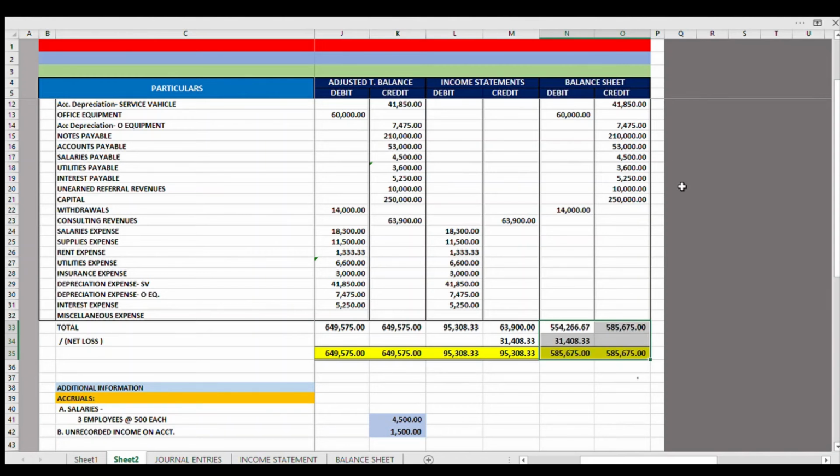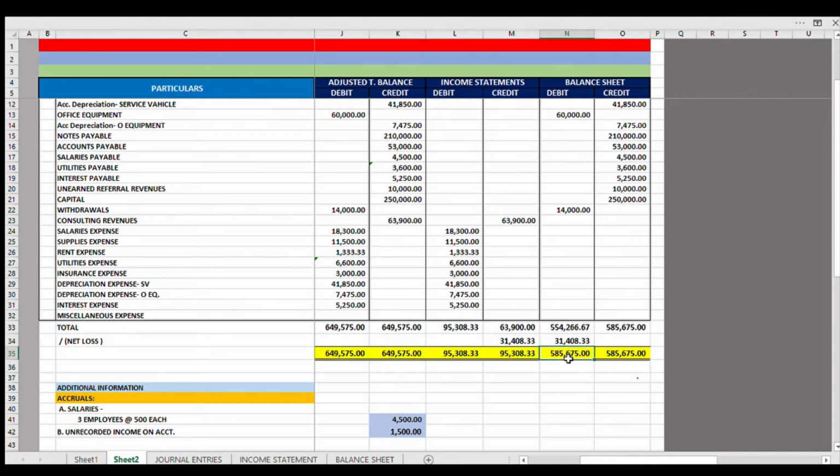totals here. So again, if the income statement shows the net loss on the credit side, it's the other way around for the balance sheet. On the balance sheet section, it should be placed on the debit side because it will denote a net loss.